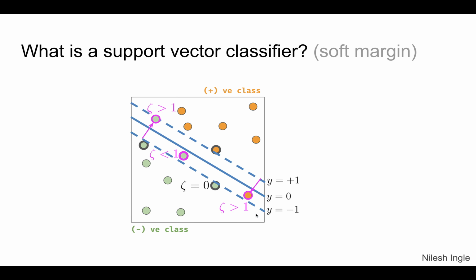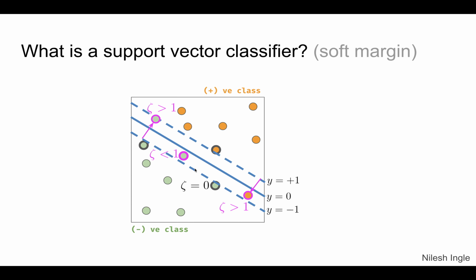And the intuition behind that is, we can allow the points to be on the wrong side, and we can still keep the same decision. So if a new data point comes in, and if it's on the wrong side, that's okay.